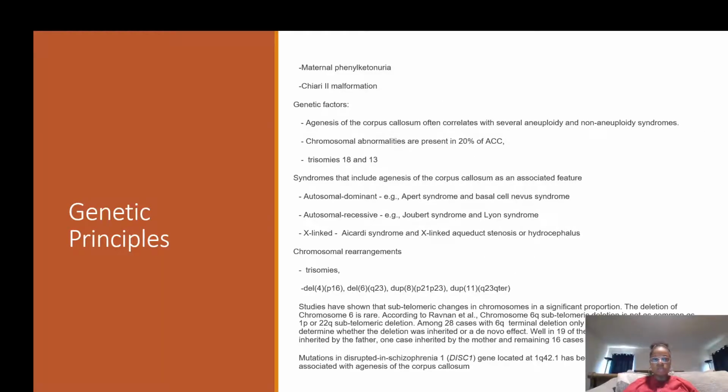So here we get to the genetics. It can be genetic from a factor by chromosomal abnormalities, trisomies 18 and 13, and with the autosomal dominant, it can lead to Apert and basal nervous syndrome.